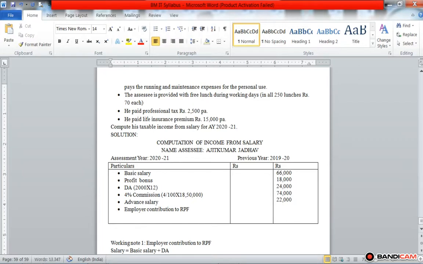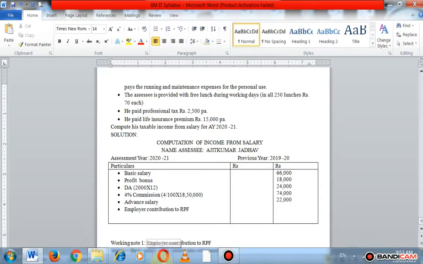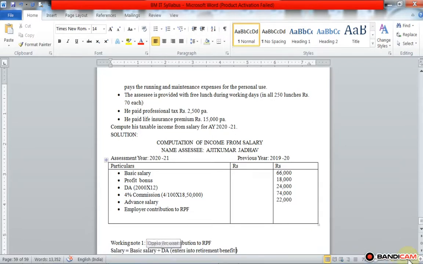DA enters into retirement benefit, so all DA is considered here.